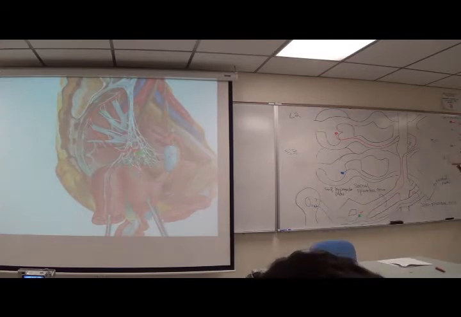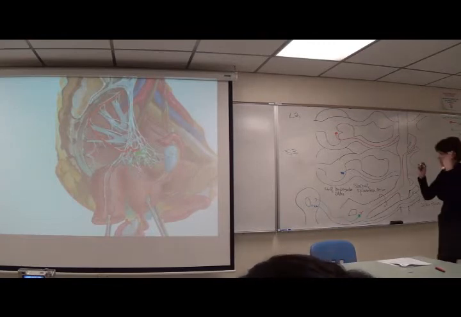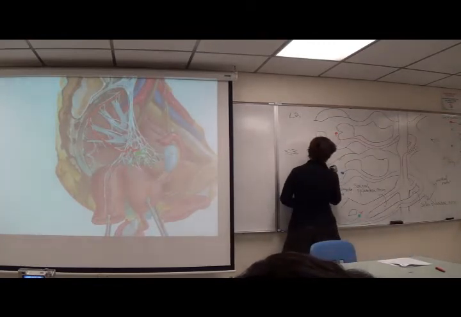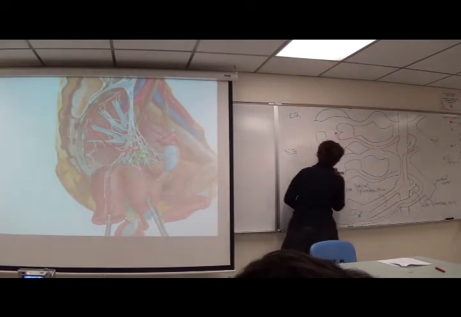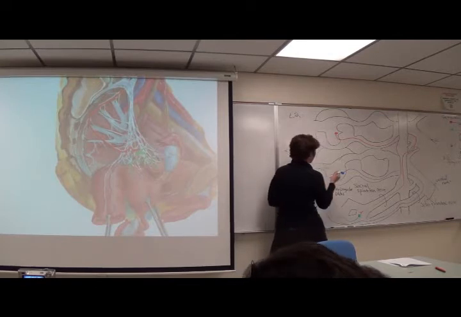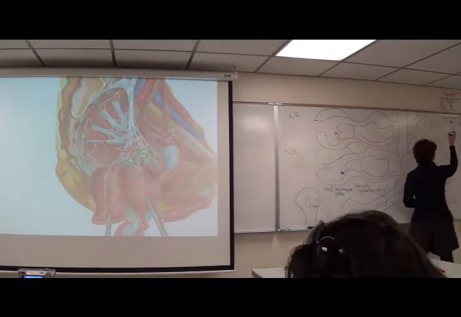So this would be a preganglionic and postganglionic parasympathetic. If you want me to put that in, let me just. I'll add that to my code, that's all. Why isn't it green?